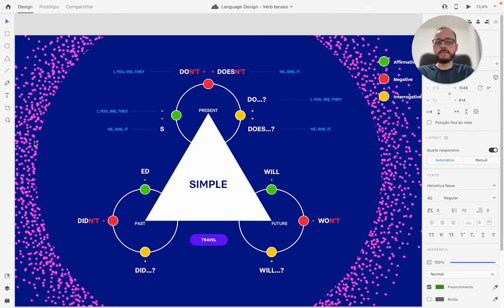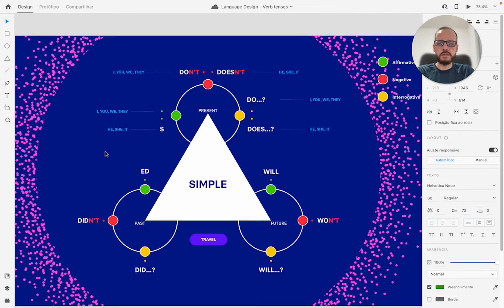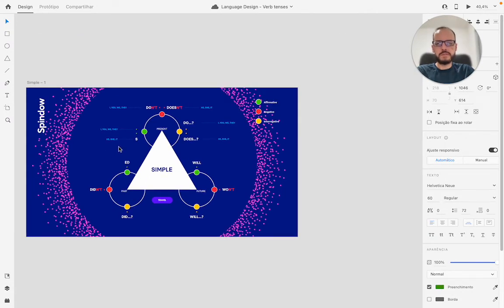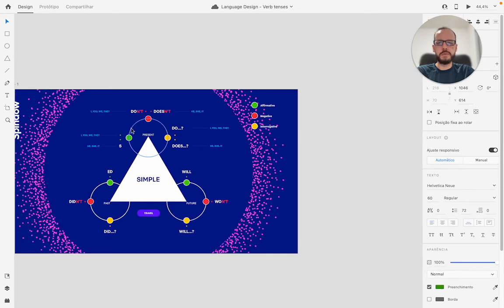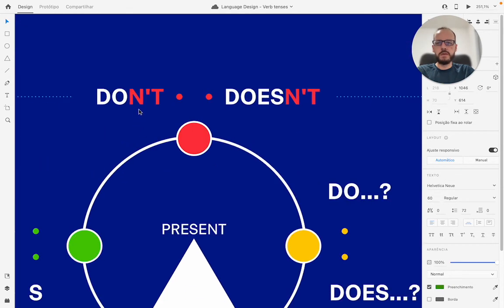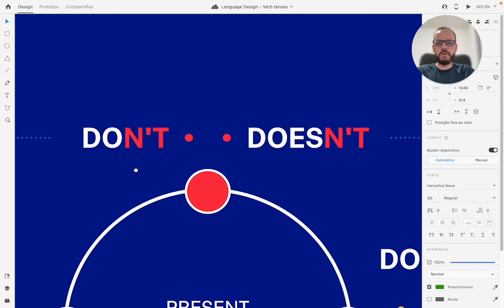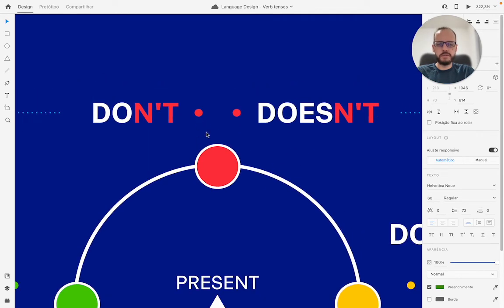which is the final drawing of this image that works and serves as a map where the learners can get back to find themselves whenever they need. And the most interesting part is that you can understand the big picture, and then you can zoom in and understand now the negative form of the present simple.